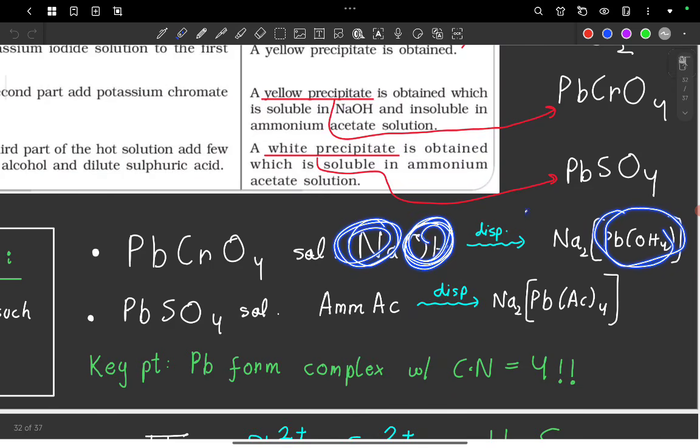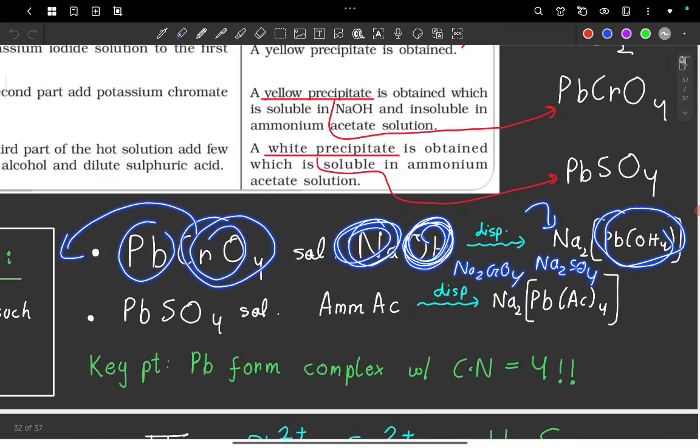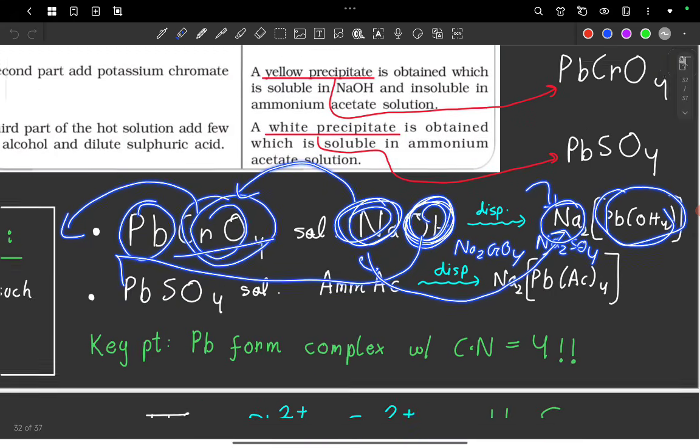And 2 of these sodium ions will act as spectator ions and the other 2 will form, not Na2SO4, in this case Na2CrO4, because this ion gets left behind and this forms the new complex. Two sodium take care of the spectator ions and the other two combine with the CrO4.